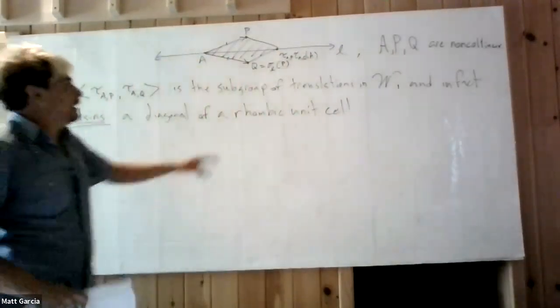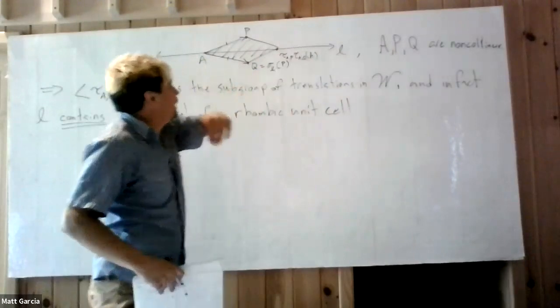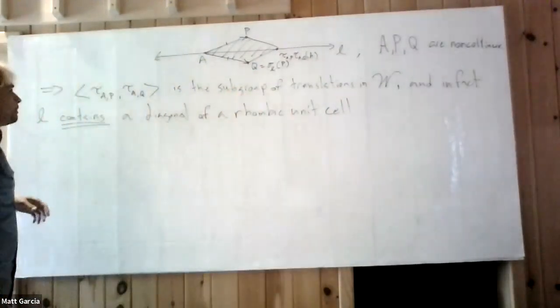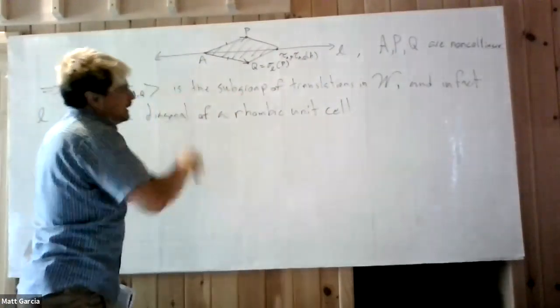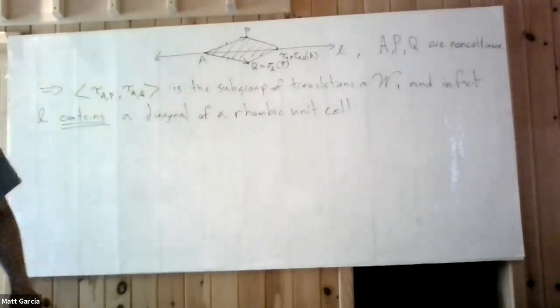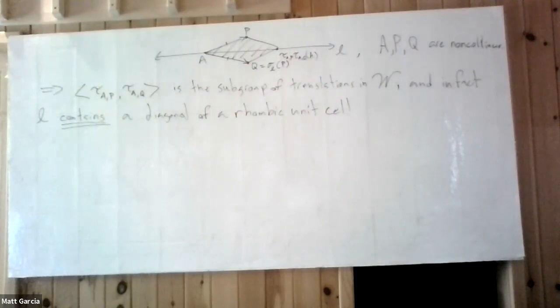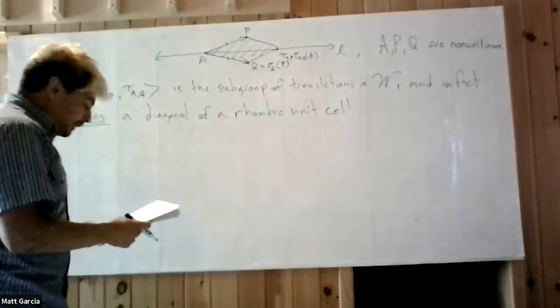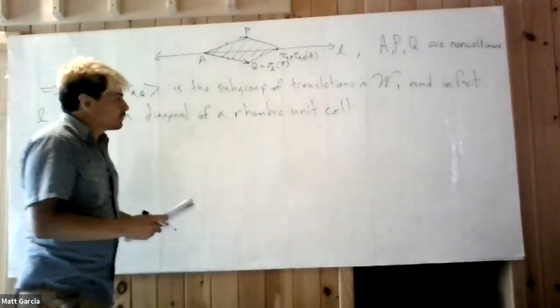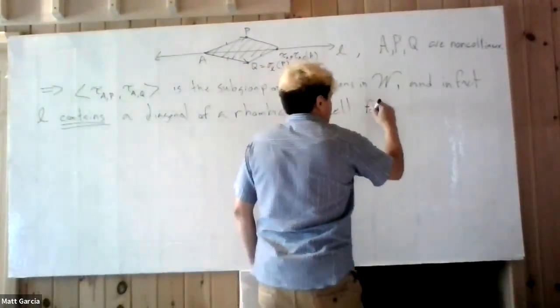Of course, this is not a very good rhombus. I should have put this further out. But we see that not only is L parallel to a diagonal of a rhombic unit cell, but in fact, it contains a diagonal of a rhombic unit cell for W, of course.